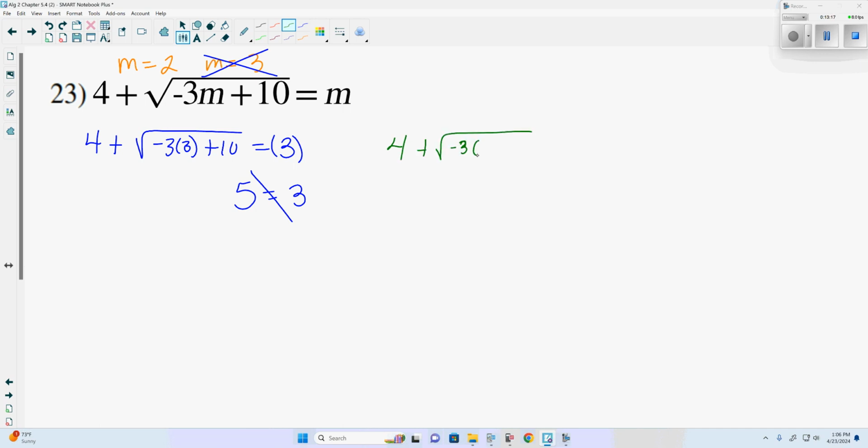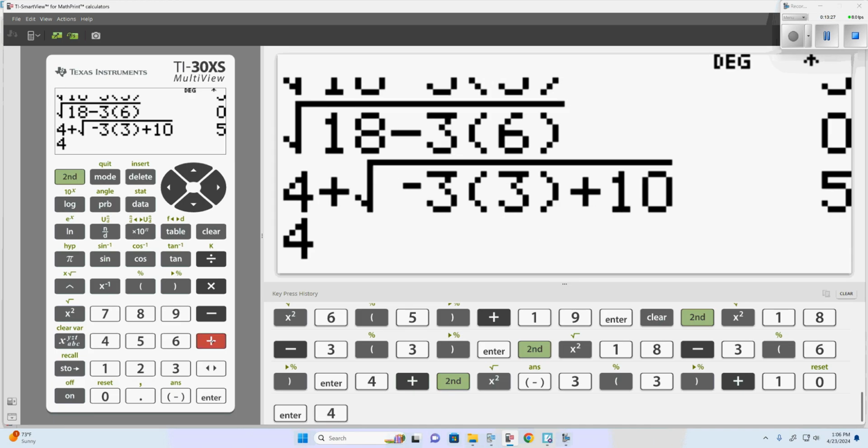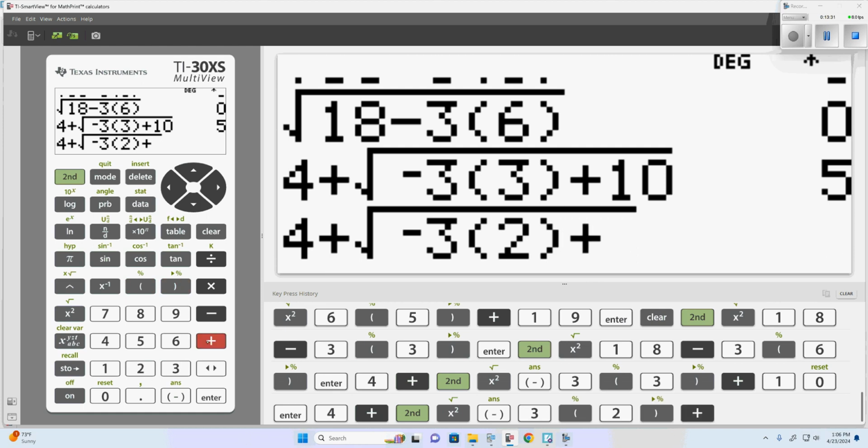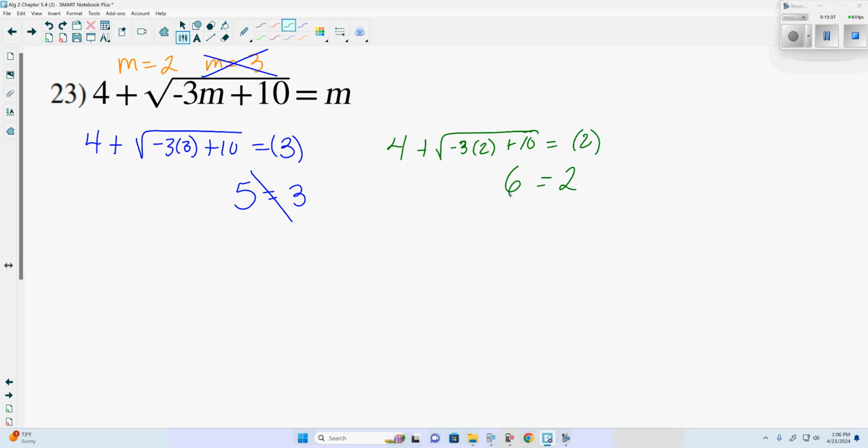Negative 3 times 2 plus 10 is equal to 2. Again, the right side's nice, it's just 2. 4 plus second square root negative 3 times 2 plus 10 is 2, yes? So the other one's telling us 6 is equal to 2.